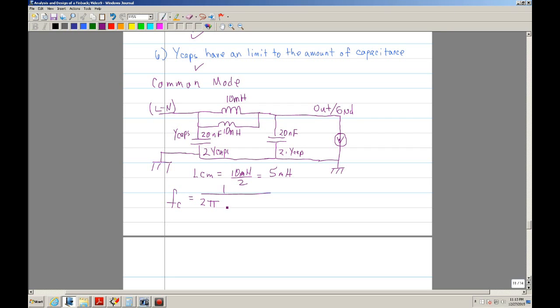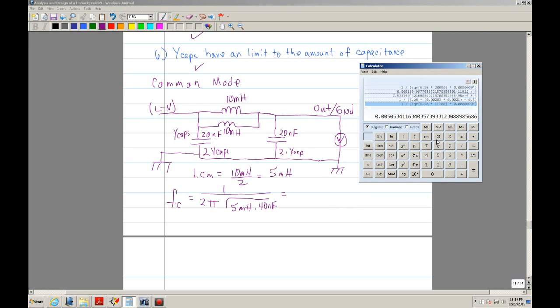Then if we try to calculate what the break frequency should be, 2 pi times 5 millihenries times the total capacitance that you have here. Since they're basically in parallel at the low end, I'll say that they're 40 nanofarads.